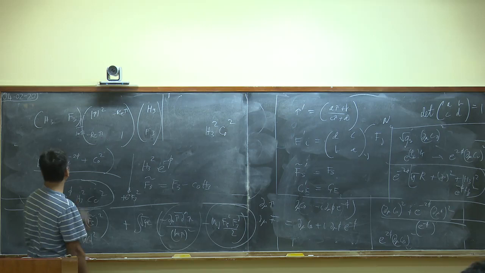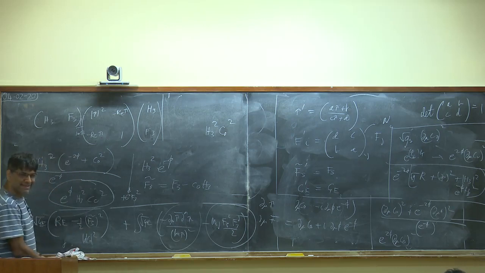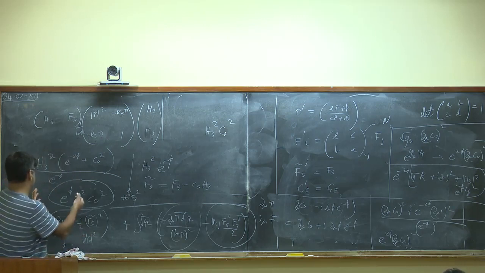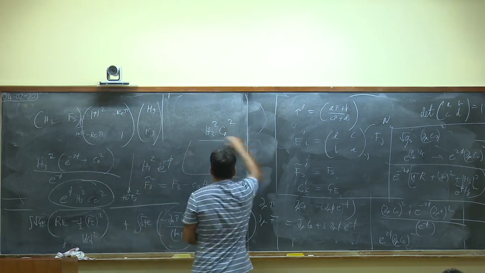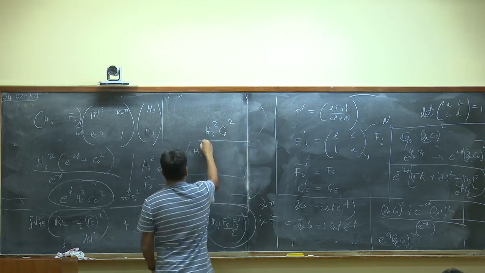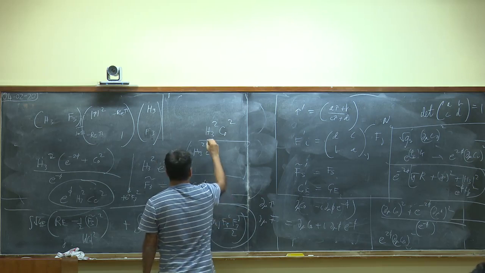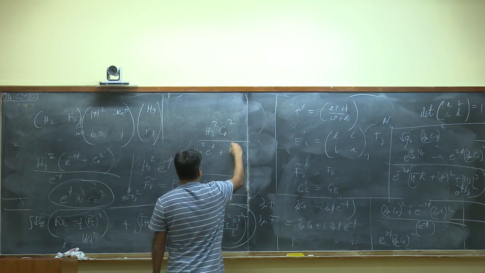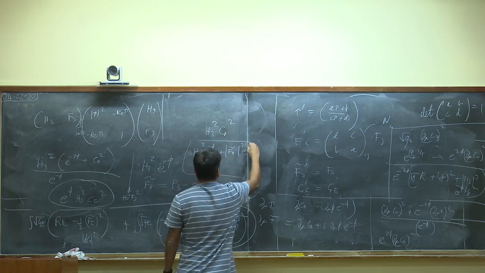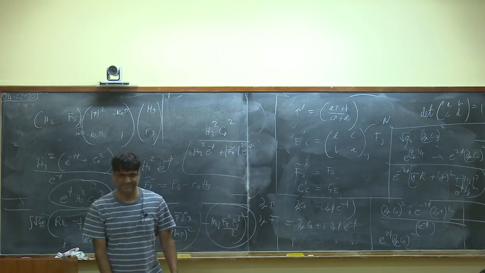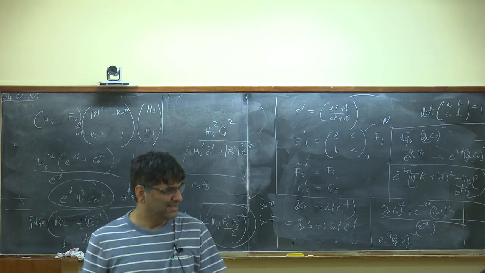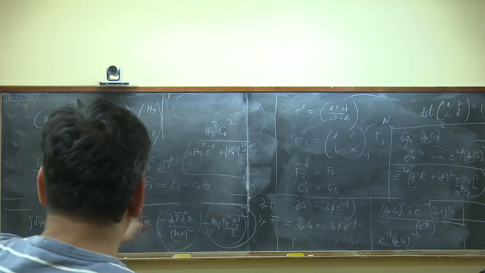So this whole thing here is simply another way of writing H3 squared e to the power minus phi plus F3 tilde squared e to the power phi. That object is just a simple rewriting of that whole thing.